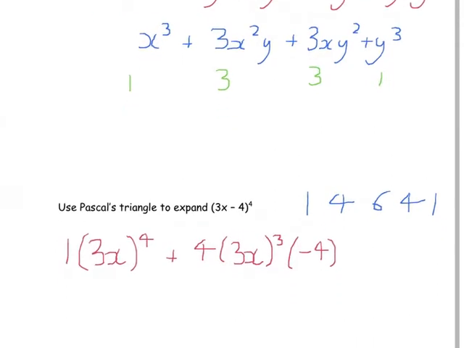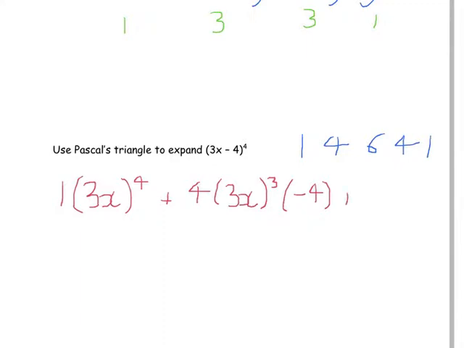Next one we're going to have plus 6 lots of (3x) squared and (minus 4) squared. So you've taken 1 off the power of the original part, the first part, every time.